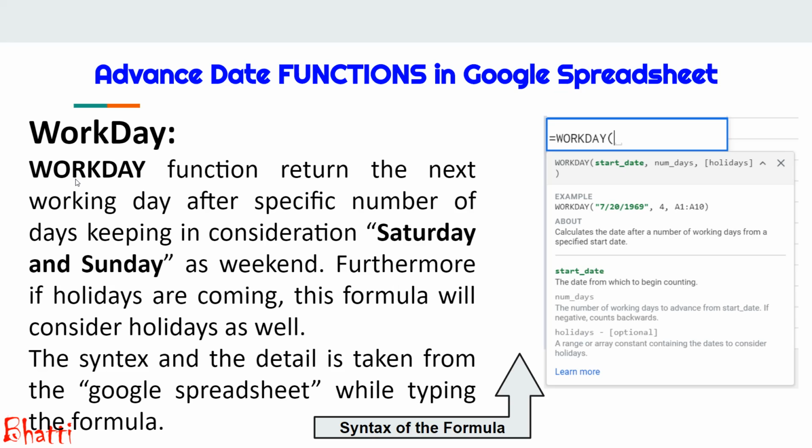So this formula is not helping us change the weekends. The weekend can be managed in the next formula, but this formula will give me the next working day, keeping Saturday and Sunday as the weekend, after adding a specific number of days.